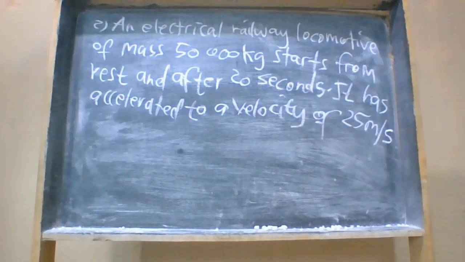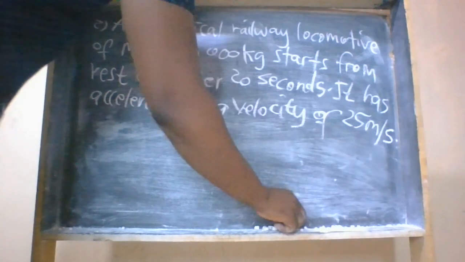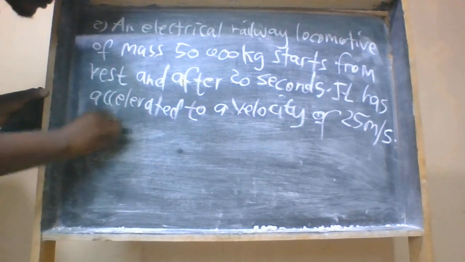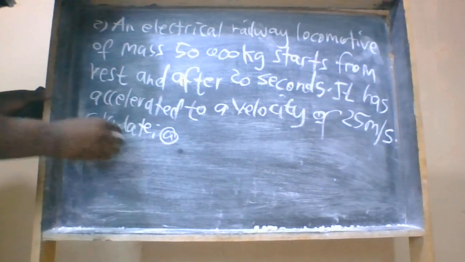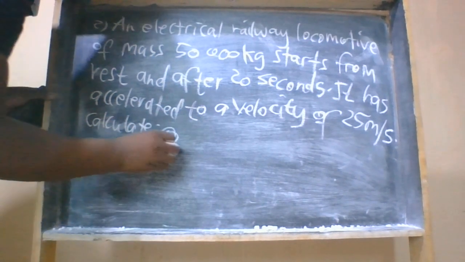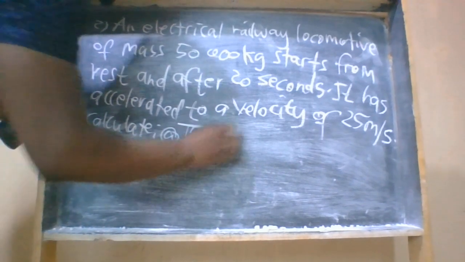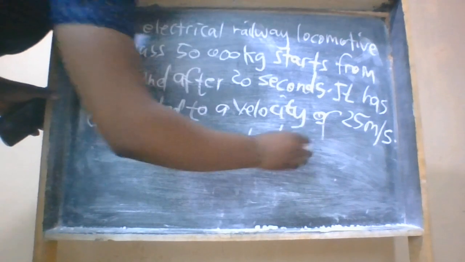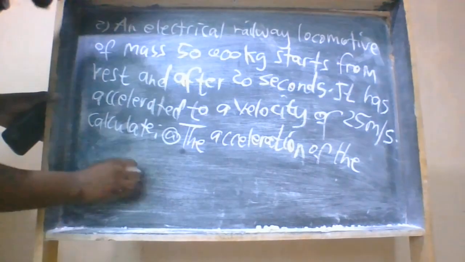Calculate A, the acceleration of the locomotive.